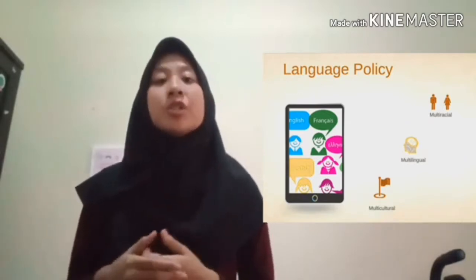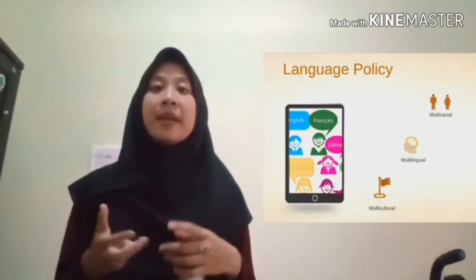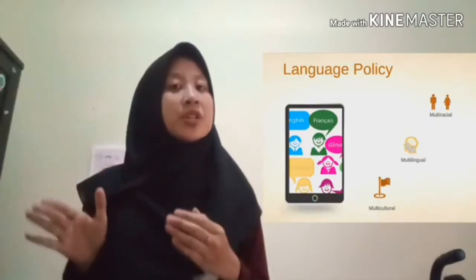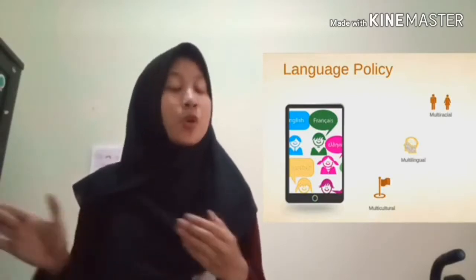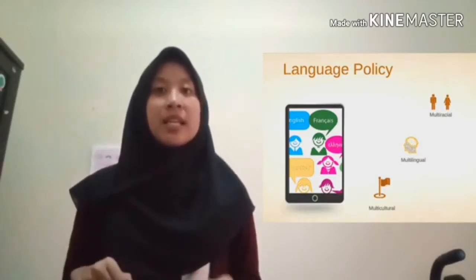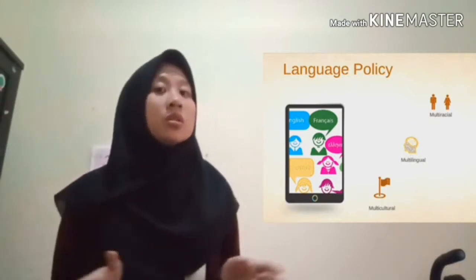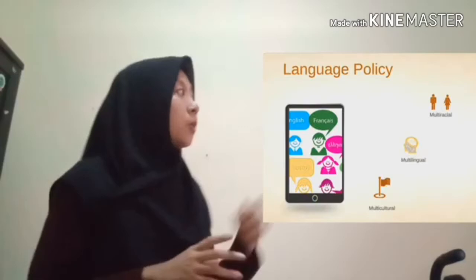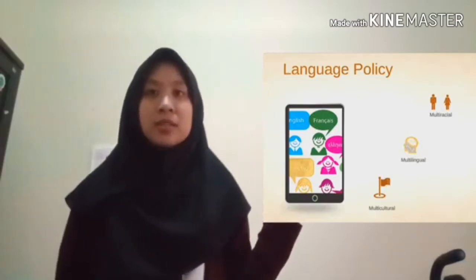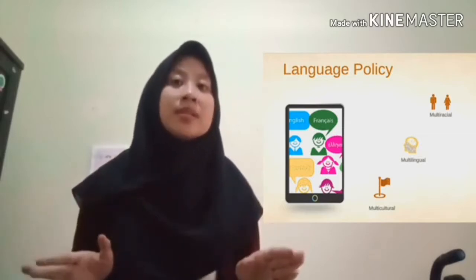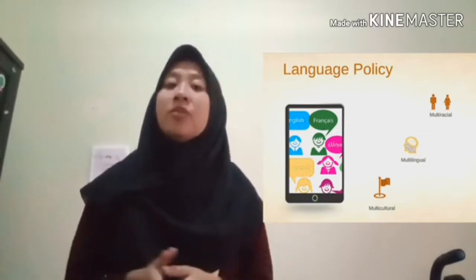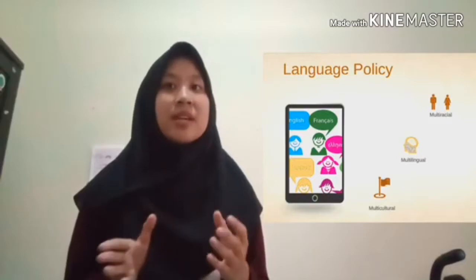In Abdul Chaer's book, in countries such as Indonesia, Malaysia, Singapore, and the Philippines, to ensure the security of communication, they need a language policy, because people in all these countries have one multilingual. What is multilingual? It means that many languages are used with many varieties of language in a certain region.